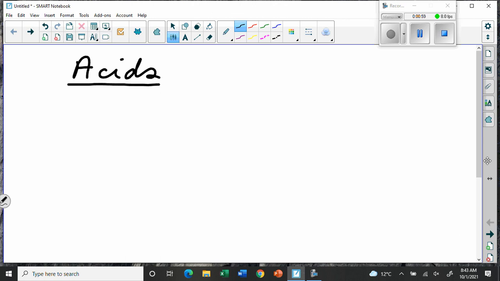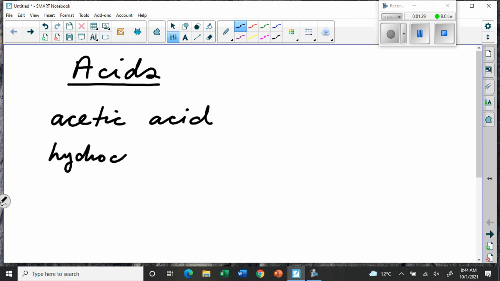All right, so let's look at some acids. I'll give you some common acids that you may have heard of, okay? So acetic acid. We'll see if we can find something familiar about them. Acetic acid. Hydrochloric acid. You might have heard of that from the movies, or if you've done any science experiments.